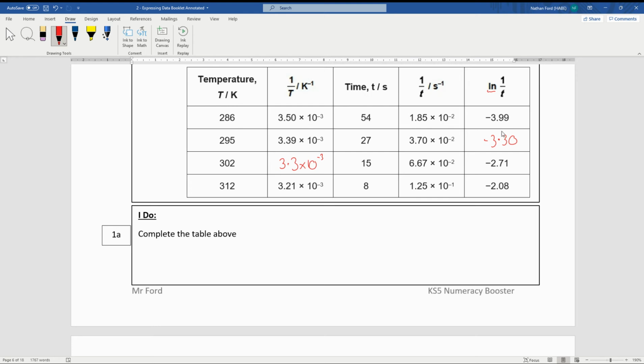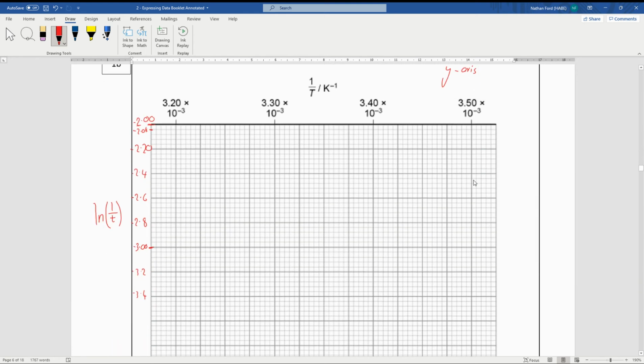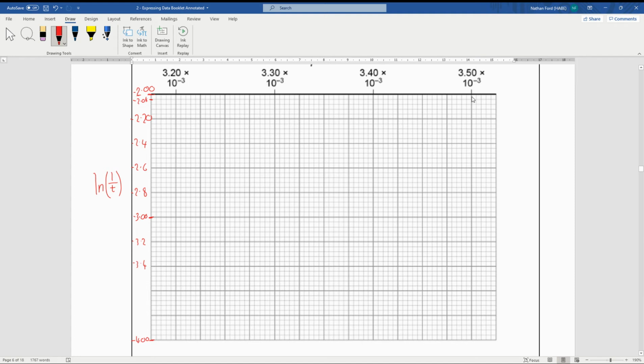So at 3.5, it is minus 9, 3.99. So here it is 0.99, which will be right there. 3.4 times 10 to the 3 was 3.3, which is going to be exactly halfway between 3.2 and 3.3. 3.3 is at negative 2.71.